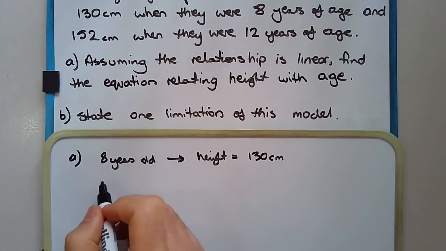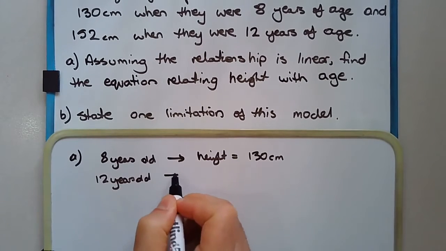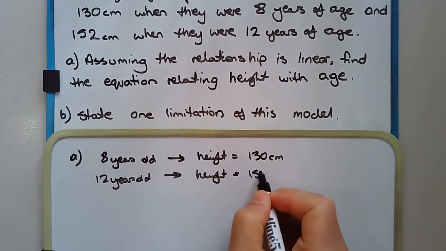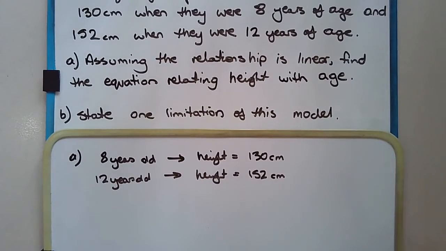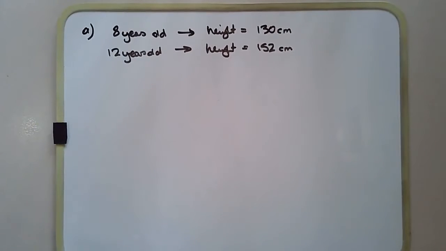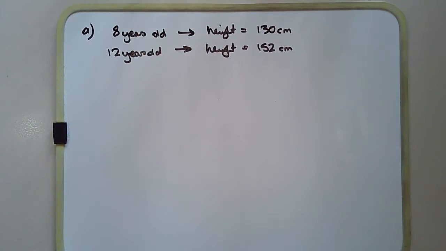This is what we know. When they turn 12, their height is 152 centimeters. In fact, that's really all we need. How then do we find the linear equation that relates age and height together?